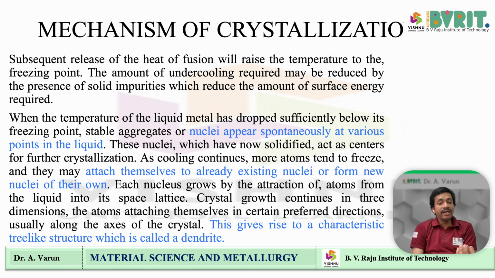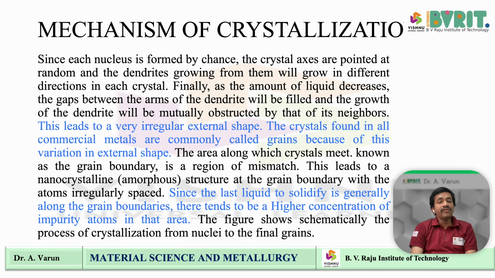Thereby, nuclei will move forward with the formation of a dendrite structure, which is nothing but a tree-like structure. These dendrites are observed in the later stage of nuclei. Subsequently, when the dendrites further solidify, they grow and form into a grain.